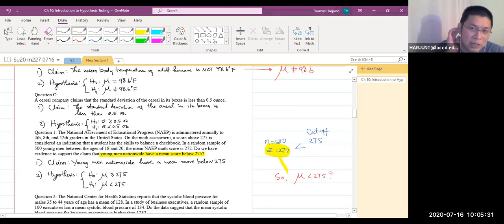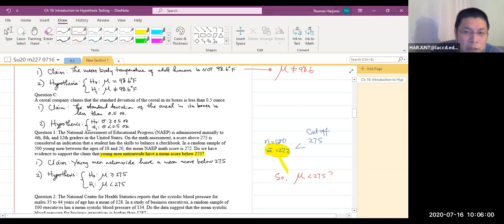Okay. The sample mean is clearly less, but does it mean the population mean, the overall, everybody ages 8 to 20, young men, the average NAEP math score is less than 275? Now, is it possible that you just happen to get a sample in which the average is less than 275, just a little bit?